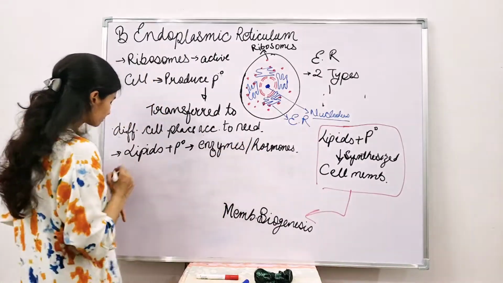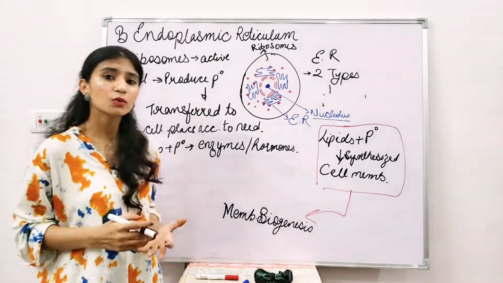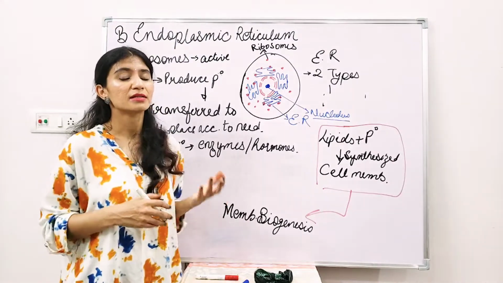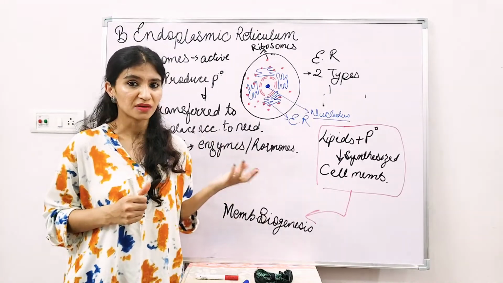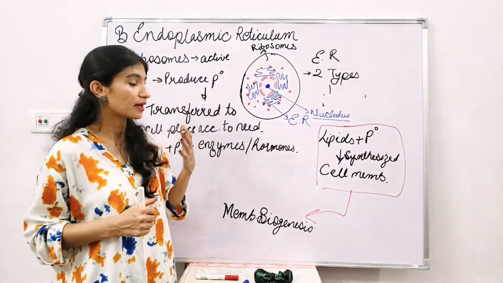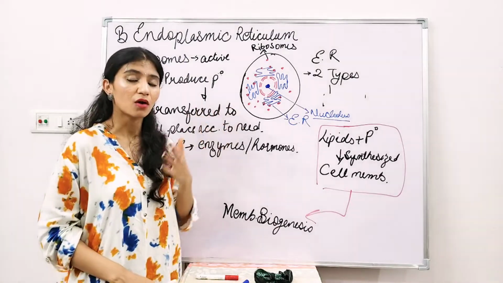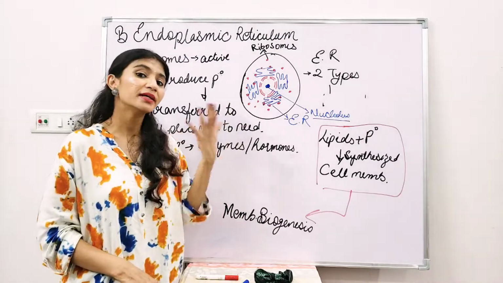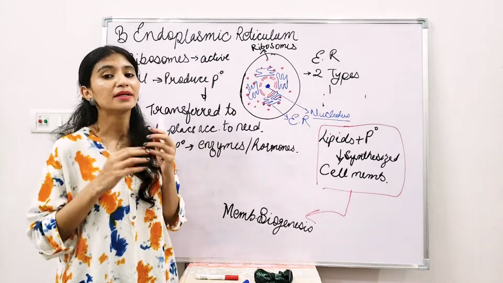Now, a very important part to note here is that there are different types of cells in our body, like the stomach cell, the nerve cell, and the liver cell. I told you in the previous class that each and every cell contains the same types of cell organelles, which means the ER is present in each and every cell of our body. But the ER can be different.